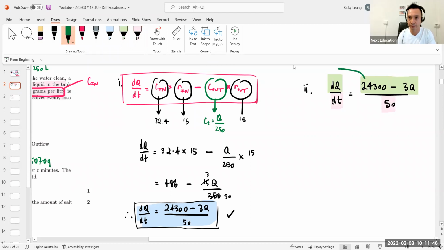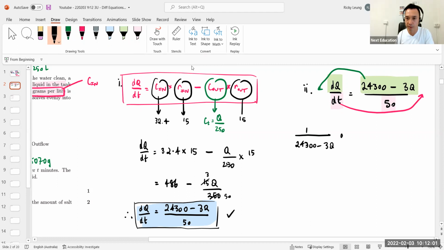So bring this guy down, bring the dt up, and you get 1 on (24300 minus 3Q) dQ equals 1 on 50 dt. Guys, integrate both sides.